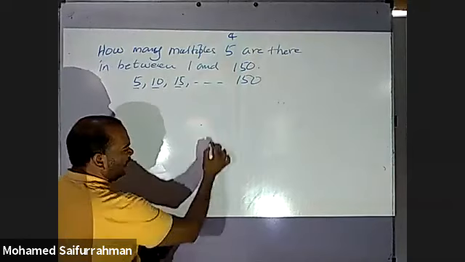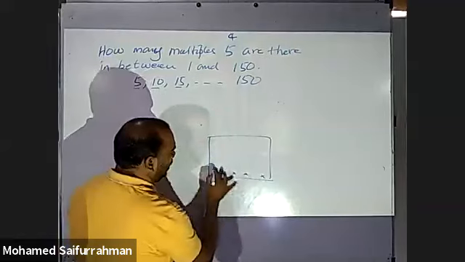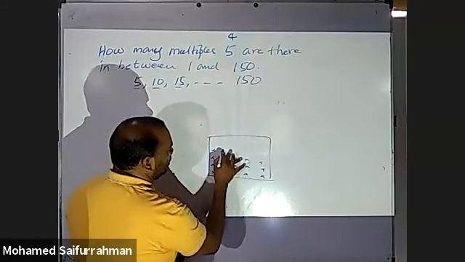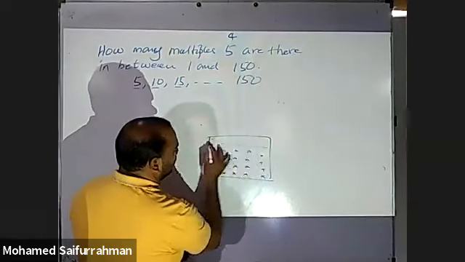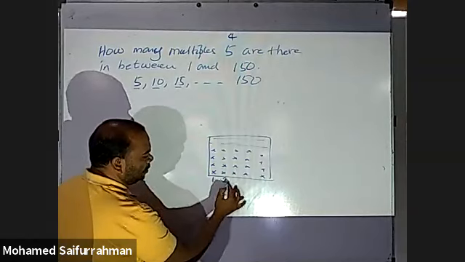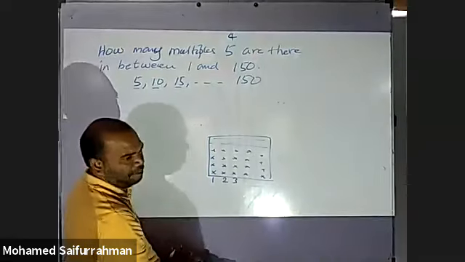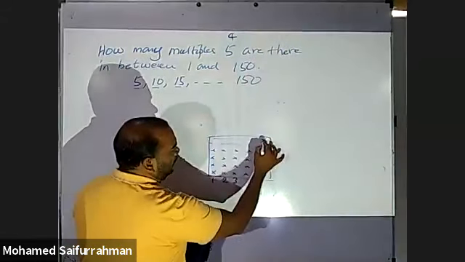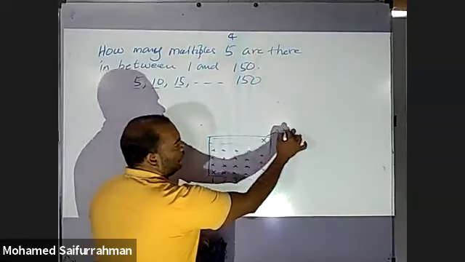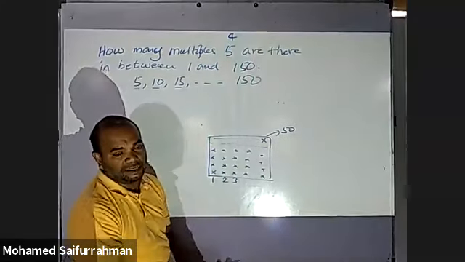For example, if there are several students in a class, row wise, student number 1, student number 2, number 3. How many students are there? If you can find out the number of the last student, if the student number is 50, then simply we can say there are 50 students in the class.